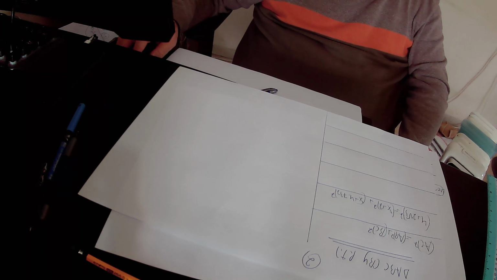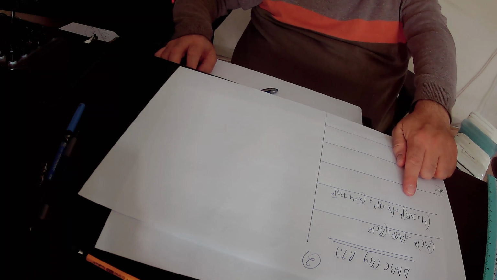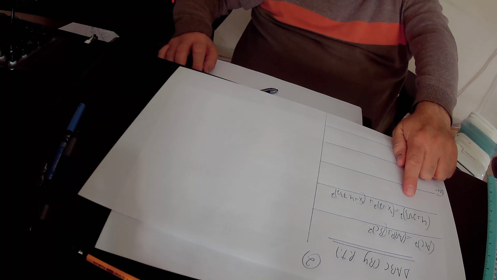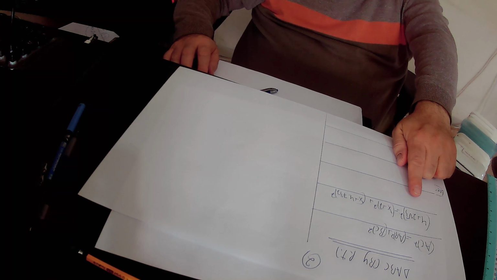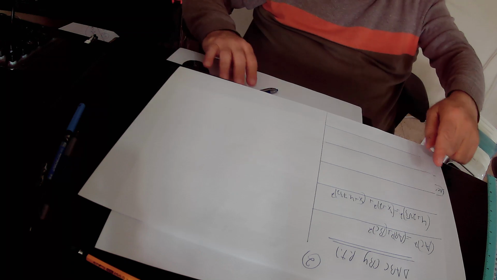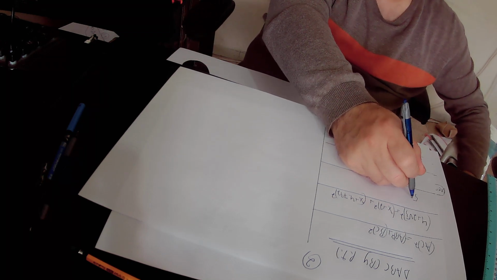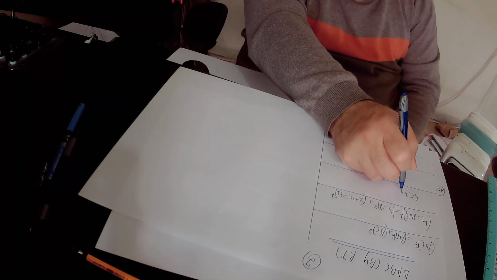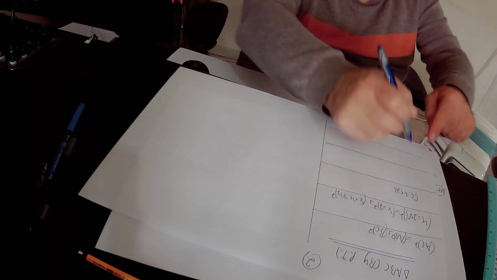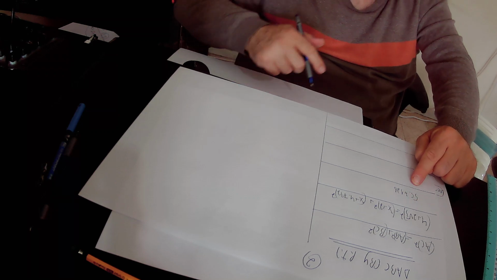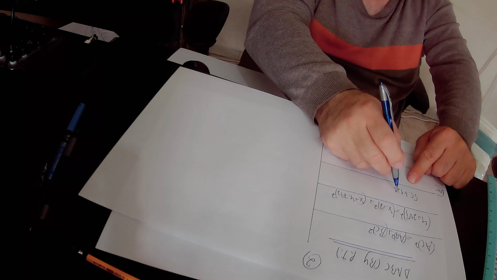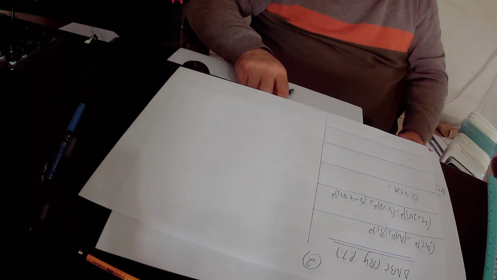So actually (4 plus 2 times square root of 3) squared in total will be equal to 55.7128, and it is equal to (x plus 2) squared.